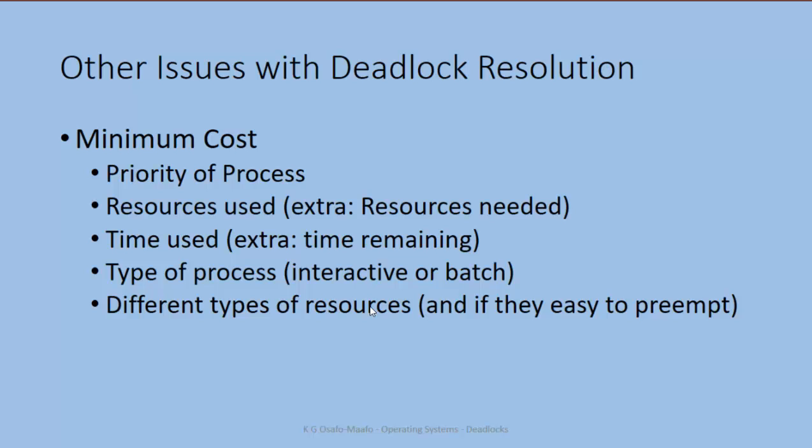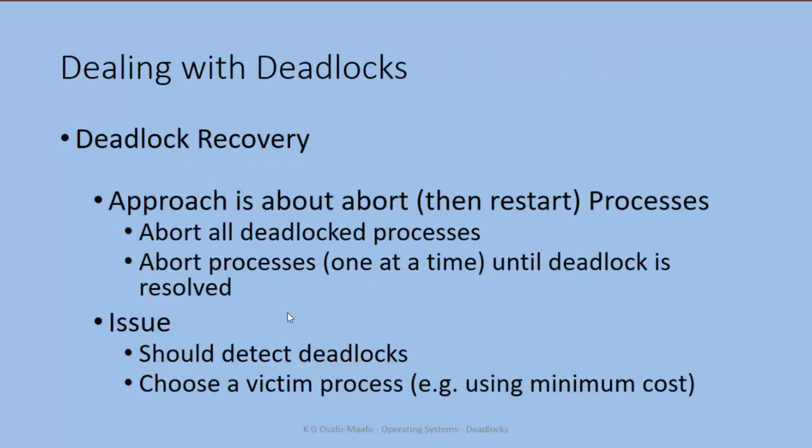For example, if you have a hard drive and someone is doing backup and they are halfway through, you don't want to preempt them. You want to let them finish the backup so the hard drive can be automatically ejected and something else can happen. Right? So those are some of the issues when we talk about the cost. So this is, remember, when you're trying to recover, we would have to kill processes sometimes.